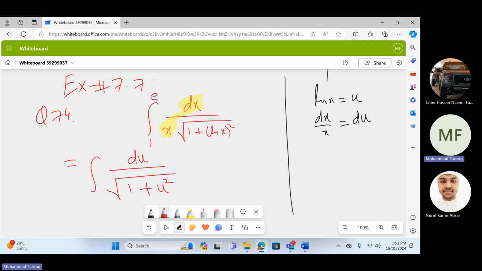Understand? Okay, now open the formula sheet and please check this form. This format is matching what? Sine inverse and sine hyperbolic? Both the normal and the hyperbolic? No, not at all. Please check the inverse trigonometric function and then check the hyperbolic.